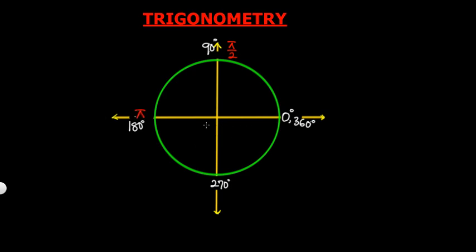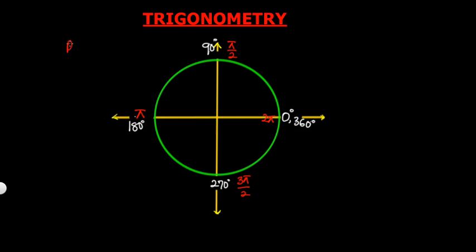So that means from 0 to 180 is pi in radian, while it is 0 to 180 in degrees. In 270 degrees, the radian form will be 3 pi divided by 2. And when it goes back to 360, the radian form of 360 will be 2 pi.